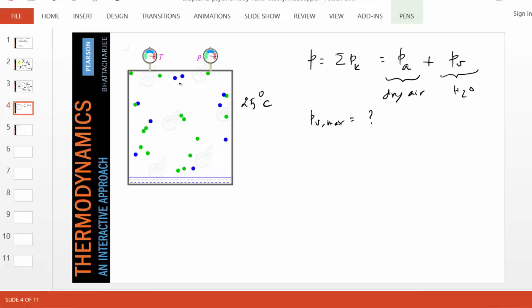Well, one can again say it's a very complicated question to answer, but if you remember Dalton, what did Dalton say? If there's a mixture of gases, then you can treat them as if it's a superposition of individual gases, each having the same volume, same temperature, but different partial pressure. So this is equivalent to as if we have pure air at PA and pure vapor at PV, each sharing the volume and temperature.